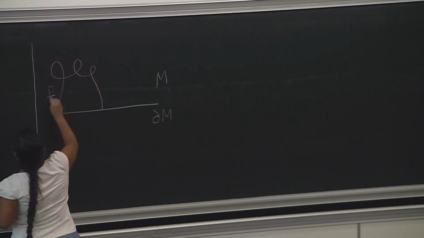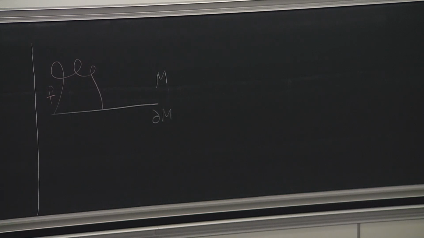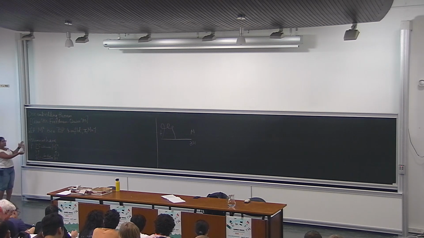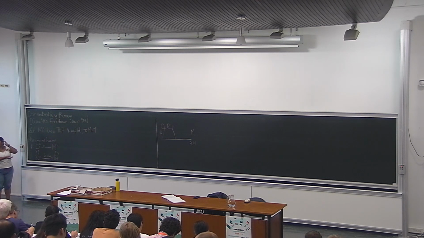So this is F. The theorem will say in the end that I can change F by a homotopy rel boundary to an embedded disk. Turns out you can't always do this with just an F. You should think about, for example, not all knots are slice, and therefore you can't just embed every disk. What you really need is a friend.